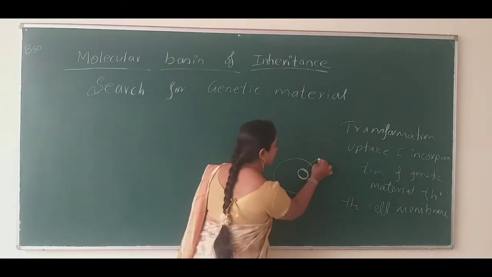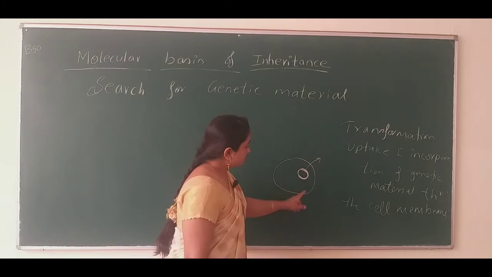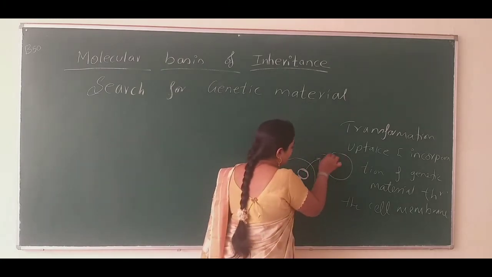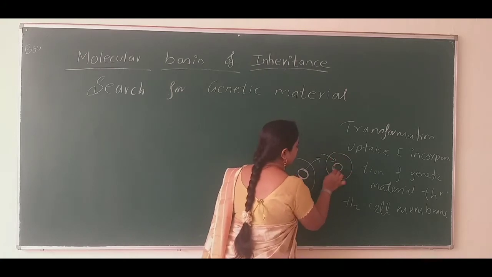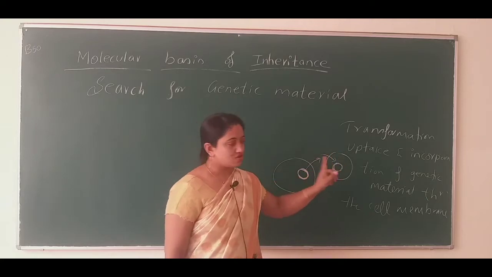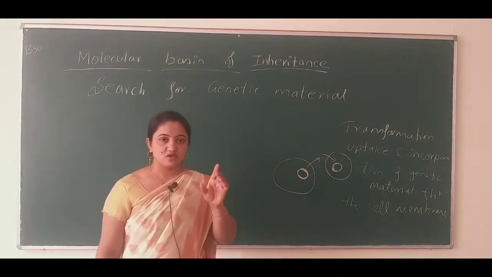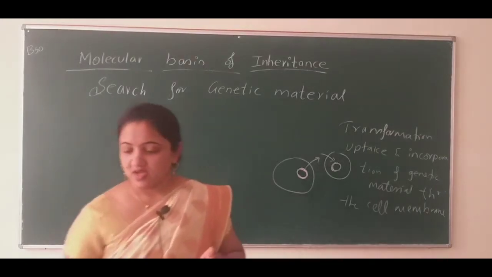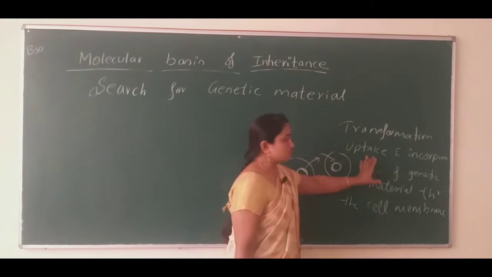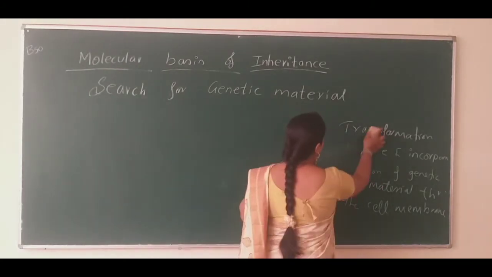We take up the DNA through the cell membrane and incorporate the same into the other cell. So this is known as transformation of DNA. Just remember this word. I'll give you a detailed account of transformation in the search for genetic material.